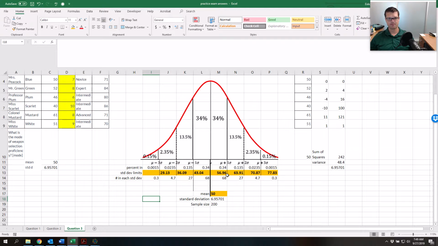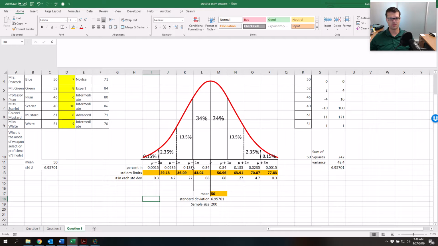These are the limits, and what we're saying is that at 56.96, that is exactly one standard deviation above the mean, and at exactly 43.04, that is one standard deviation below the mean.